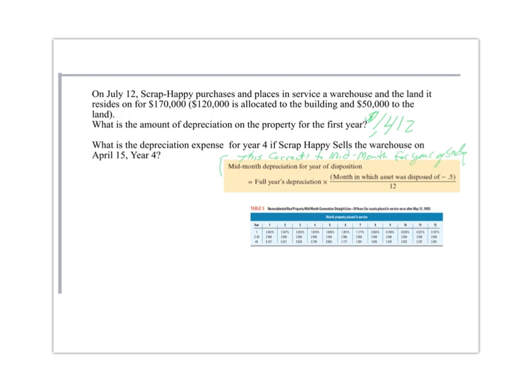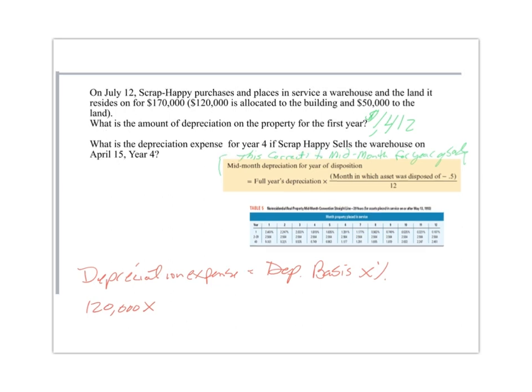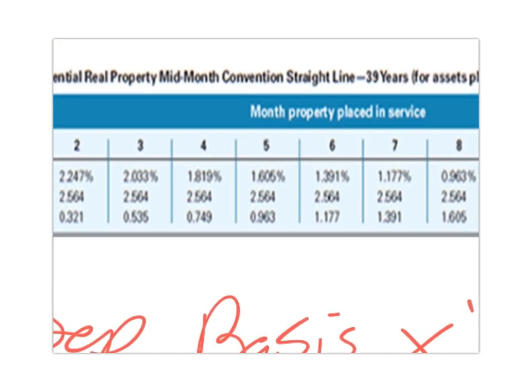So again, what are we calculating? We're calculating our depreciation expense, and the calculation looks exactly the same. It equals the depreciable basis times the percentage for the year in question. What's our depreciable basis? Still $120,000. Now we have to find the percentage. We're talking about year 4, and this is very important. Look at how this is labeled. This is for the month the property is placed in service.